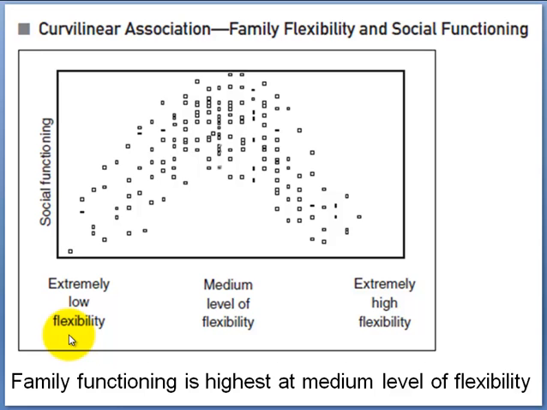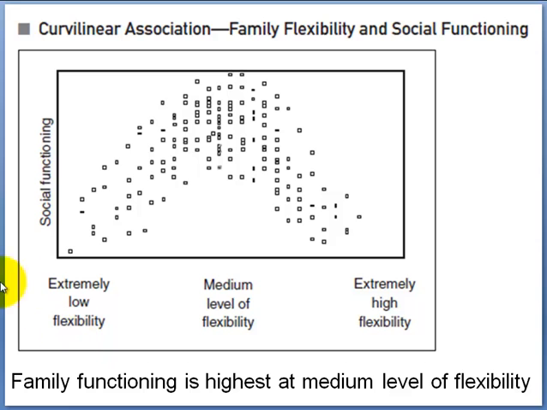Is there no structure at all, in which case, in essence, there's perhaps chaos, or is everything overly structured, right to a T, in which case things are very rigid with no room to give.